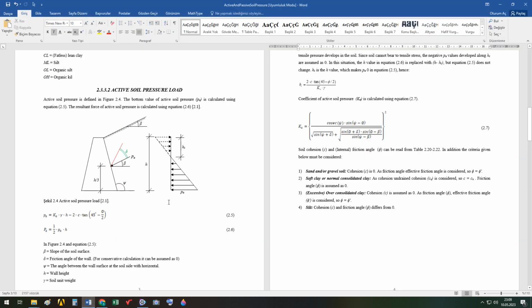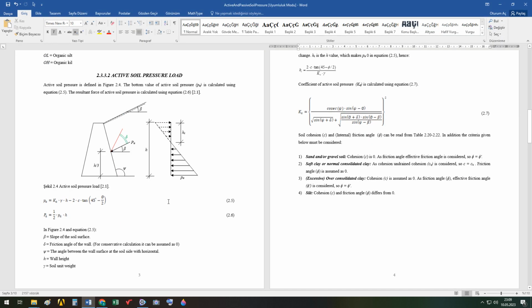I need some support. Now let's learn how the active soil pressure load is calculated. We need the value of this active pressure load to design the retaining wall here. The general shape of the retaining wall is given here. This surface is sloped, this surface is sloped, a general condition of this retaining wall, and the held soil is also sloped.